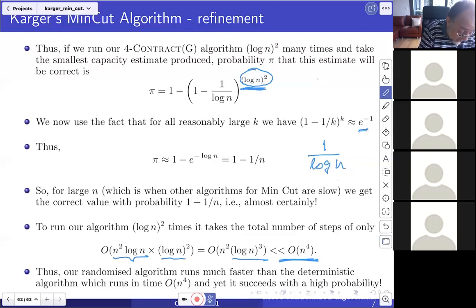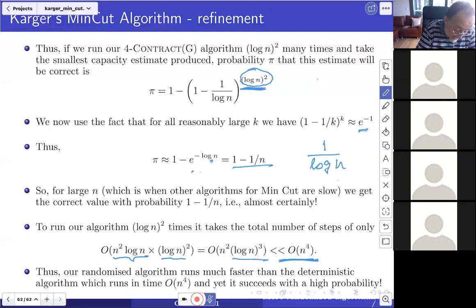But if you run it log n squared times, the penalty price is that you have to multiply your runtime not with log n, but with log n squared. But then the probability of failure becomes e to the exponent of log n, and this becomes 1 over n.